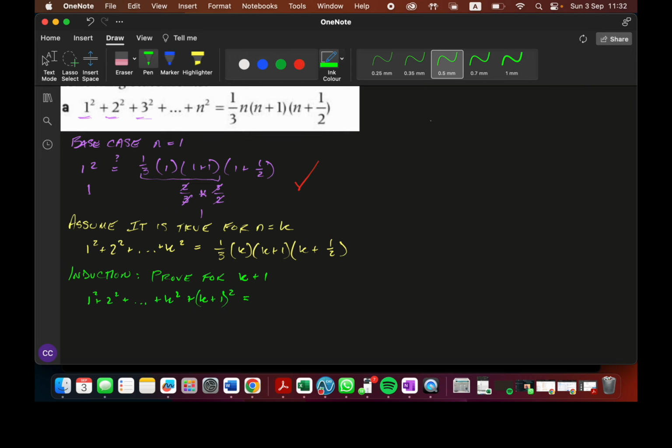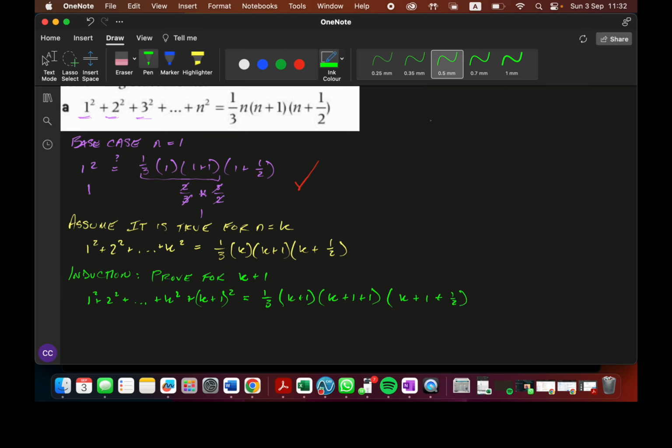And we're saying that it's got to be equal to 1/3 times k plus 1 times k plus 1 plus 1 times k plus 1 plus 1/2.